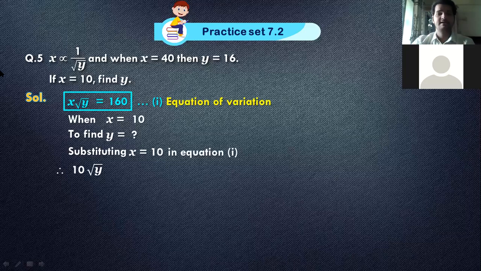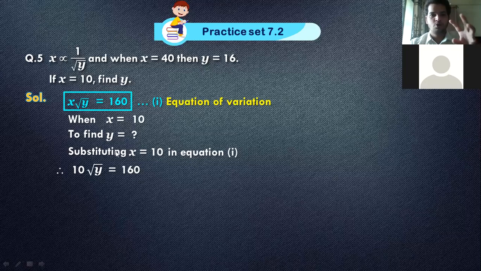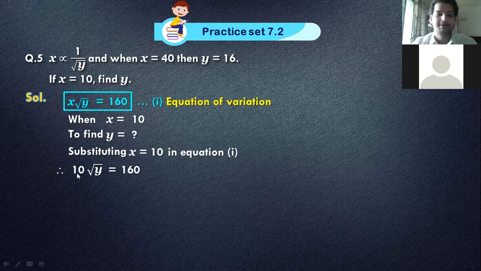Now, in this entire line, students, whose value are we supposed to find out? Ask yourself. In this entire line, whose value do we want to find? Y. So the numbers around y we will have to send to the opposite side, right? The other side. So root y and 10 are getting multiplied.